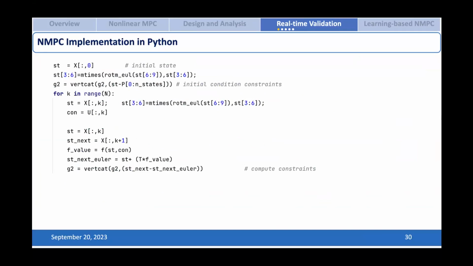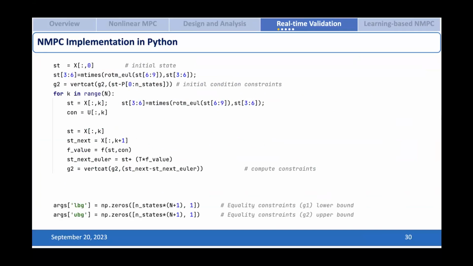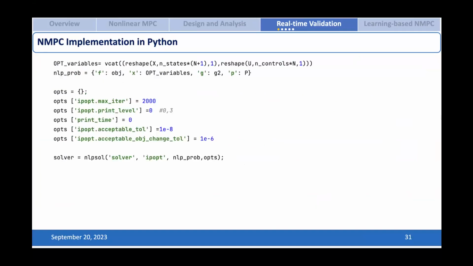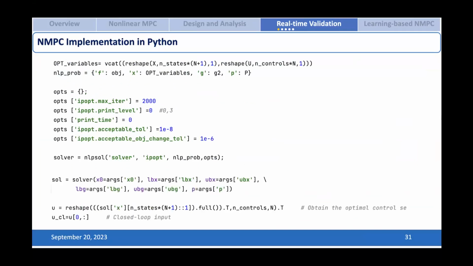We also have the multiple shooting, as we did for MATLAB, to find the equality constraint, and then we set this equality constraint equal to 0 for the optimal control problem. We design our solver using IPOPT, solve this iteratively, and apply the first control input to the system.